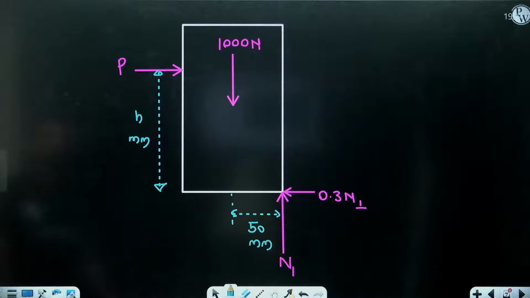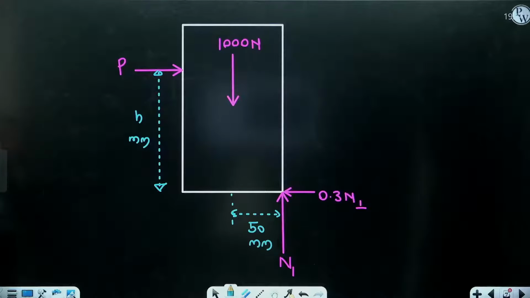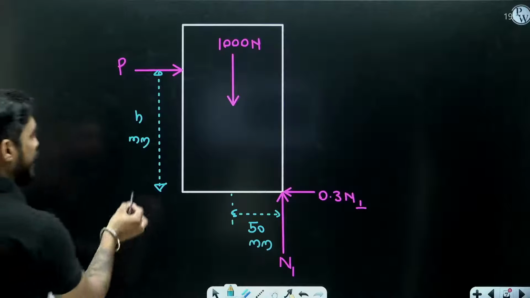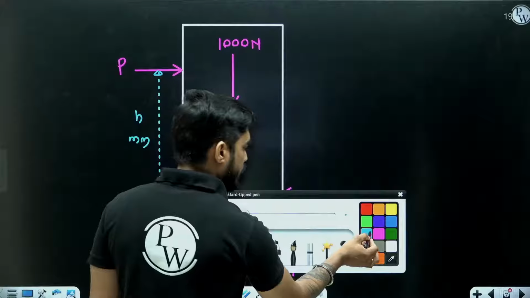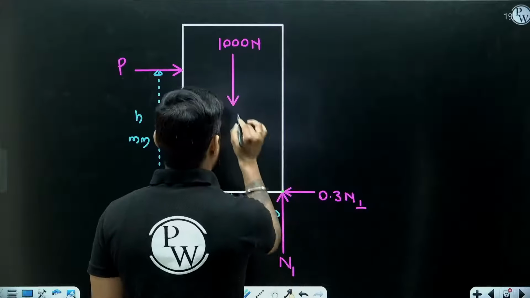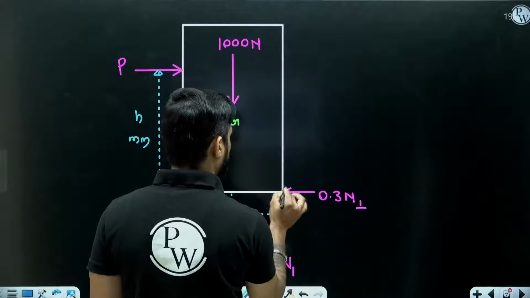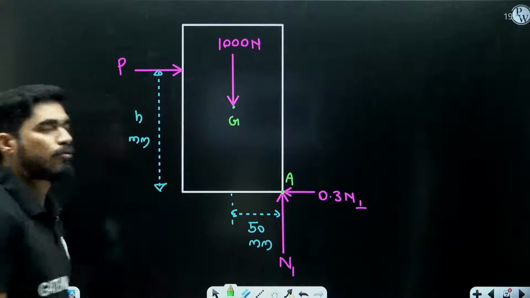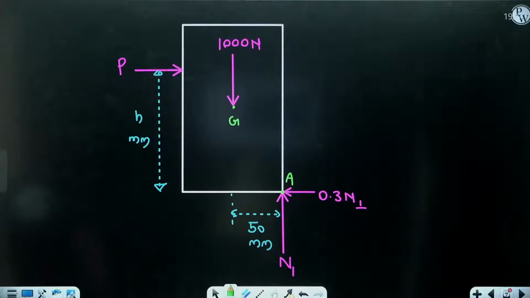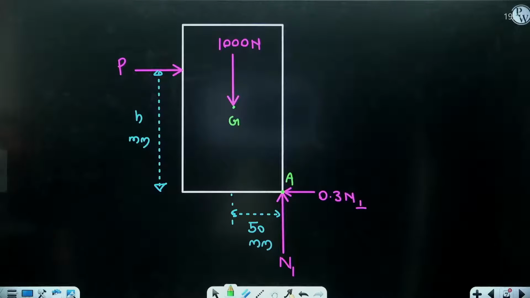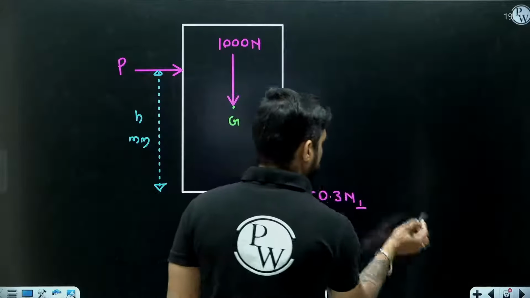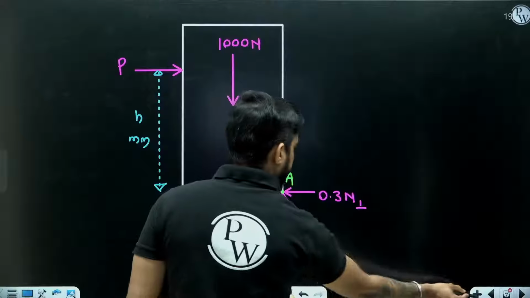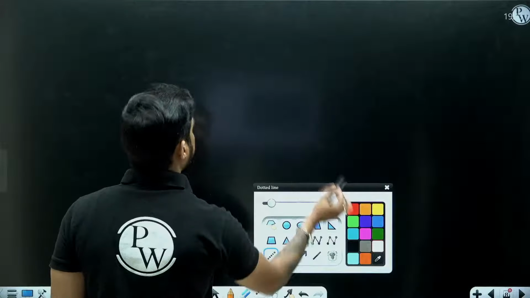Now, understand this. In order to find the value of this H, I can take moment at this point, right? Let's say this is point G. Let me call this point A. So if I take moment at point A, I will get the value of H. But in order to take moment at A and get the value of H, I need the value of P first. So what I am going to do is, I will apply equilibrium equations.